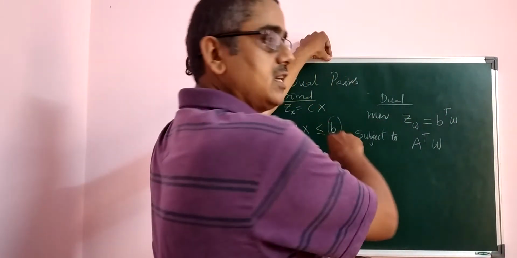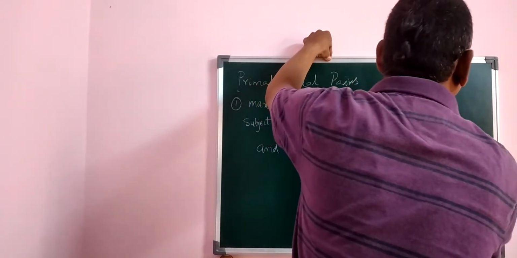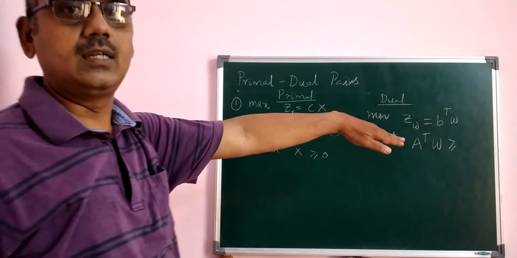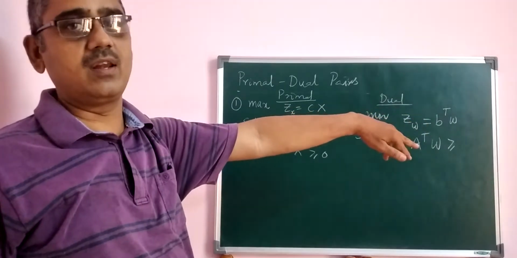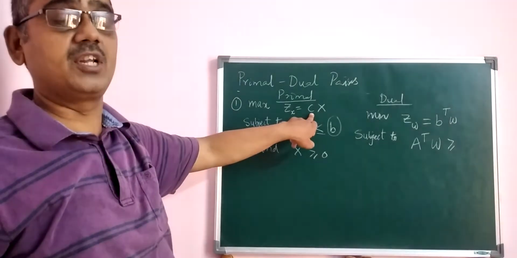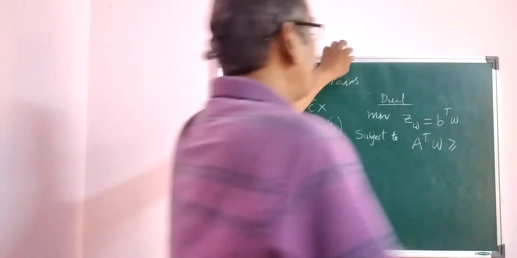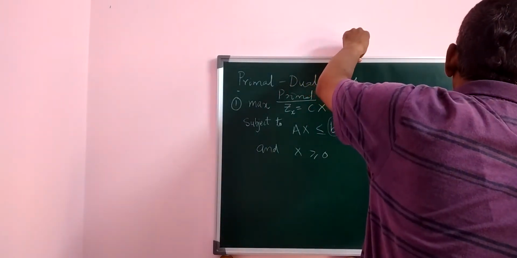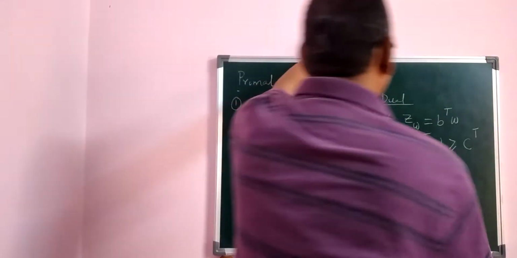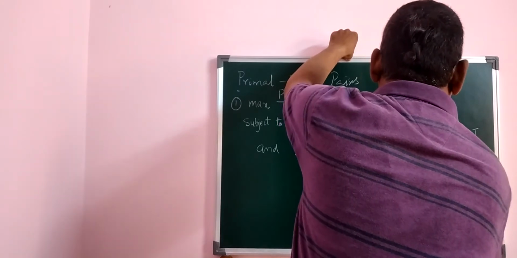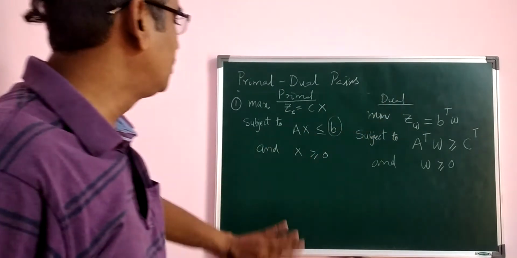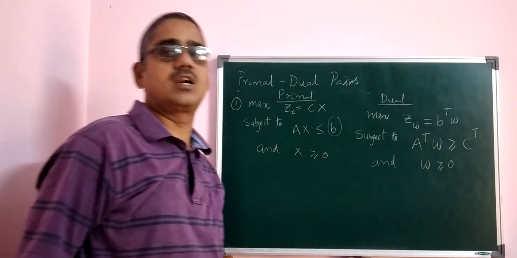Less than or equal to constraints become greater than or equal to, as we have discussed. The right-hand side constants in the dual will be c transpose, the cost vector of the primal objective. Another important point: omega is greater than or equal to 0. It is not unrestricted. X is greater than or equal to 0, and omega is also greater than or equal to 0.